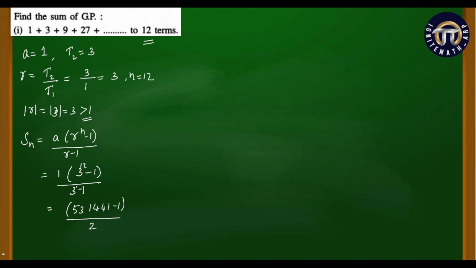Clear, children? So now that is 531440 divided by 2. When I simplify that, I would get 265720. So this is going to be the sum of 12 terms of the given GP.